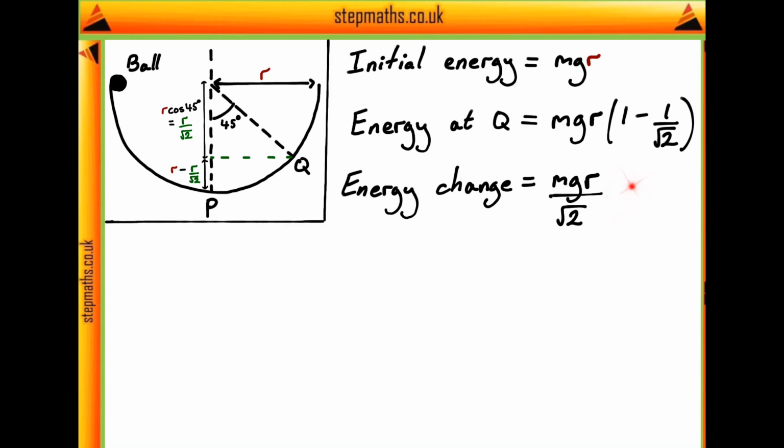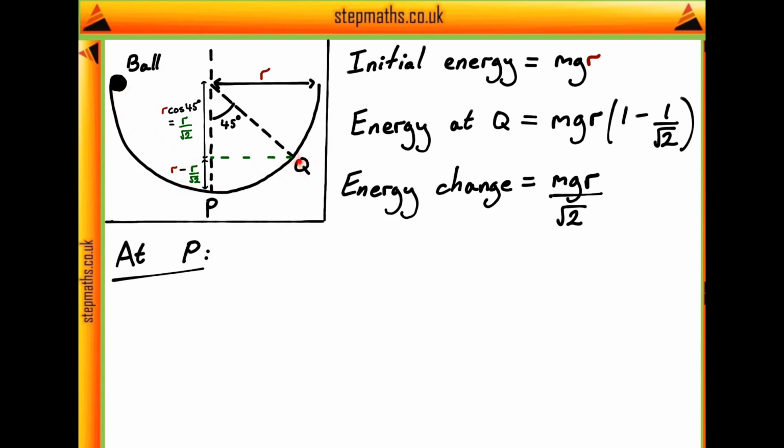Now with this information we can consider the point P. So at P, the ball has travelled 2/3 of the distance that it's going to travel to Q. Now we know this because Q is at an angle of 45 degrees from the vertical, so it's just going to be half of the way up here, so this is going to be like a quarter of the semicircular distance if you like, and this is the other half.